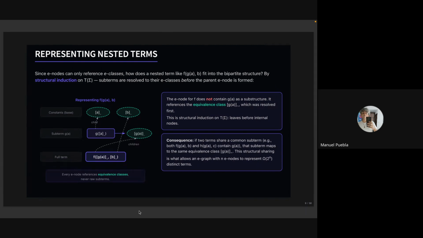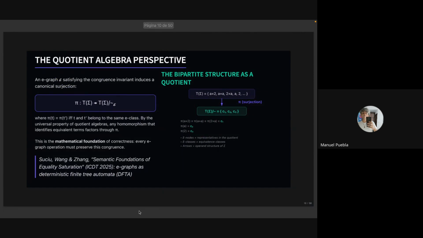This structural sharing is what allows the expressivity of the E-graph. From an algebra perspective, we're dealing with a quotient algebra that has this special congruence property. We're not going to go any further with the math, but this section introduces the basic object, and we're now heading into what we are going to do with this thing.